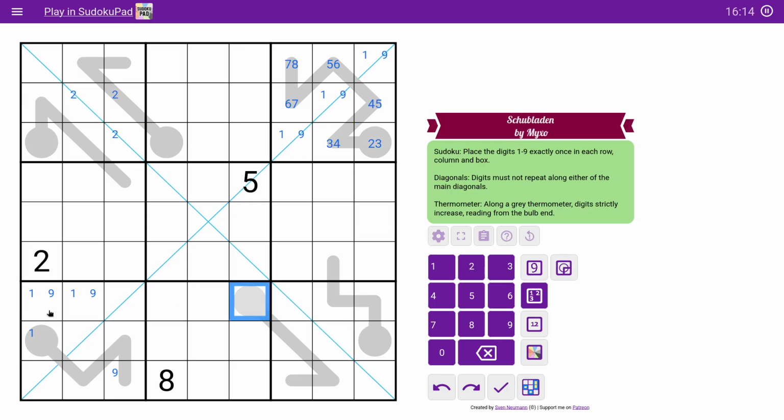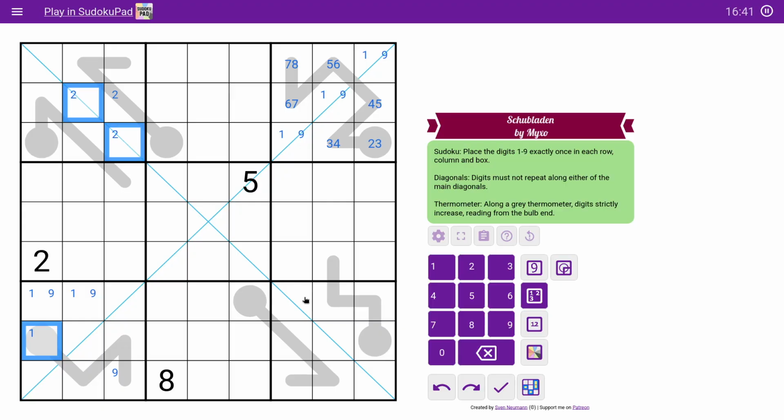If this is 2, this is 1, making this 1. If this is 1, this is 1. Right? If this is 2, this is 1, this is 1.